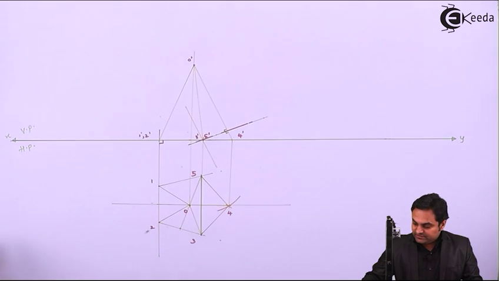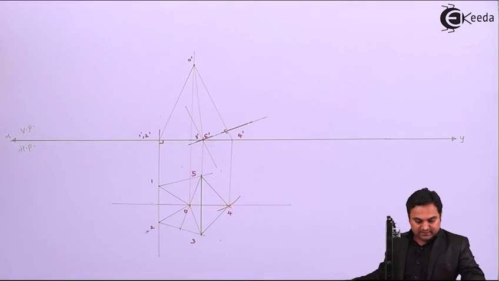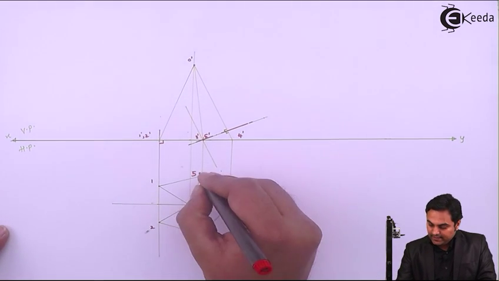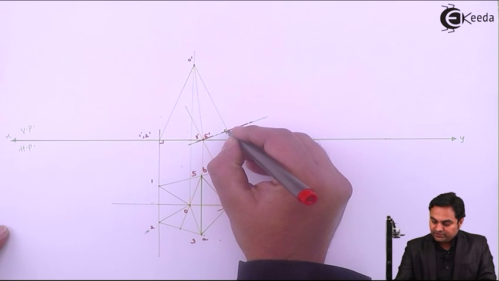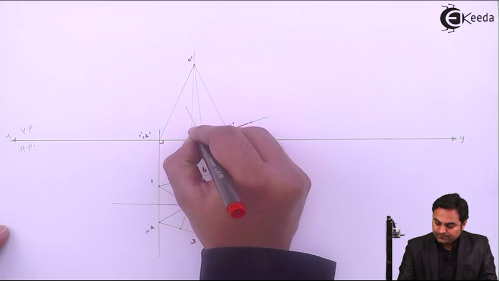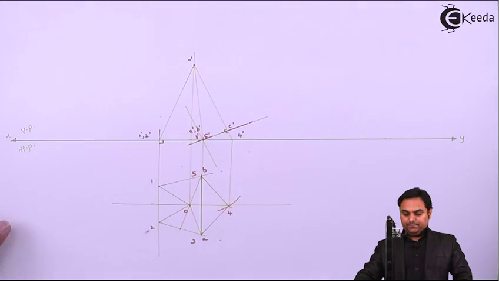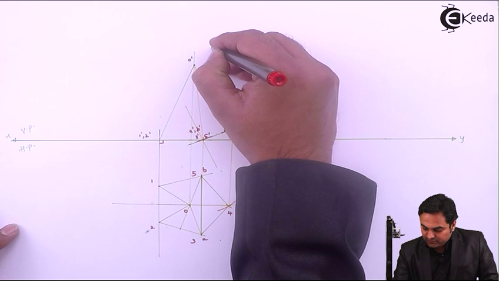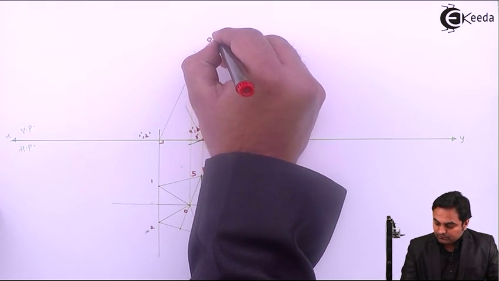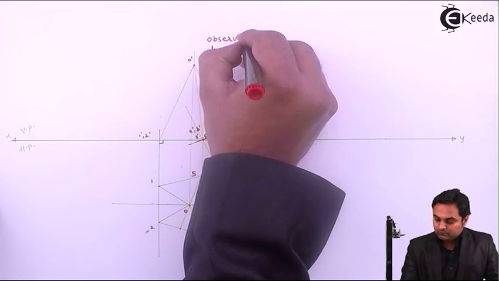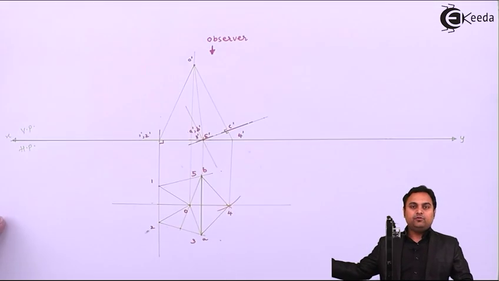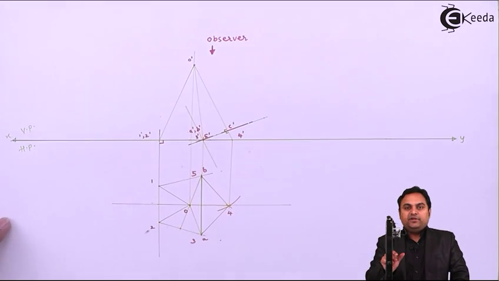So here where it is cutting 3 dash 5 dash, I'll give the notation A and B, and here over this point I'll say this is C dash. So here I'm getting A dash, B dash. It means when we are looking as an observer from the top, then the maximum part of the pyramid is removed, only this much part is remaining.